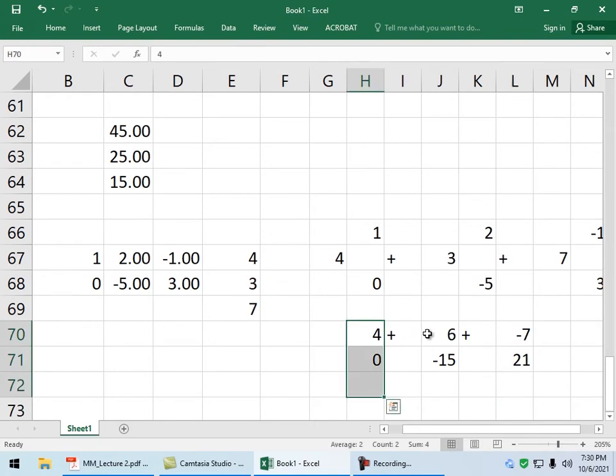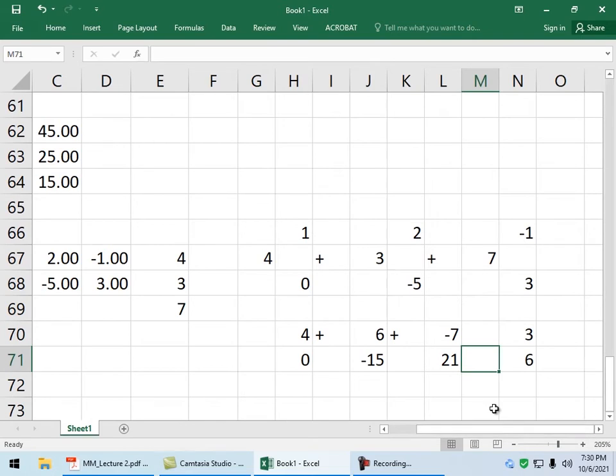So 4 plus 6 plus -7, 0 plus -15 plus 21. The first row in the summation will give us 3, and the second row will give us 6. So this is our initial expansion, this is the result of multiplication, and the final result is the summation.